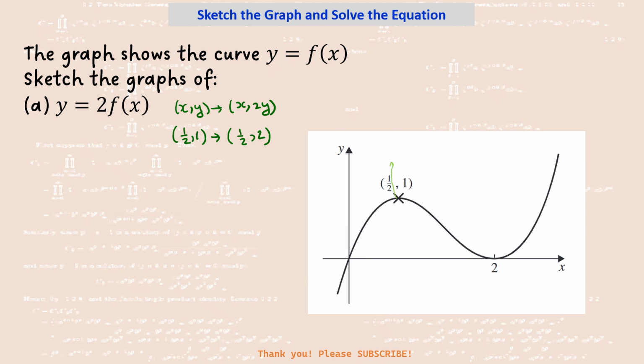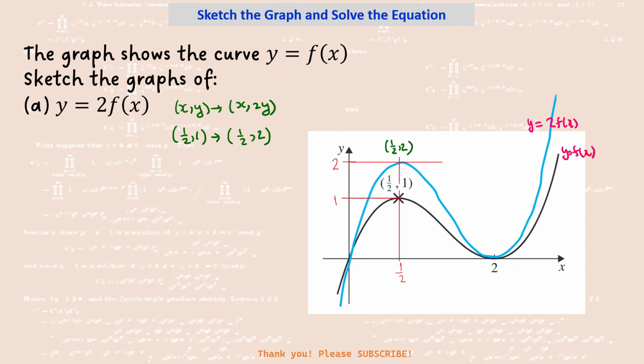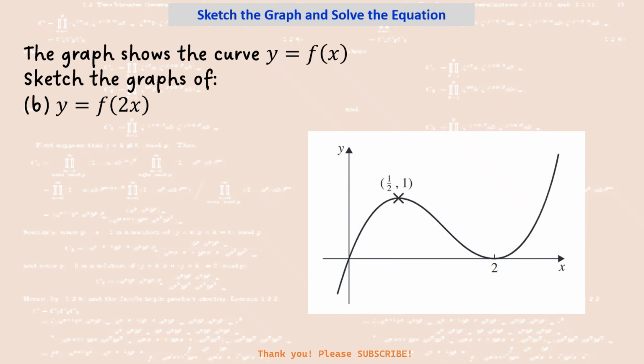So that's what the curve would look like, and the point (1/2, 1) is now (1/2, 2) because 1 has translated to 2. So that's what it would be for part B.